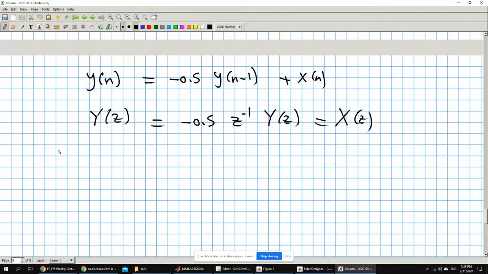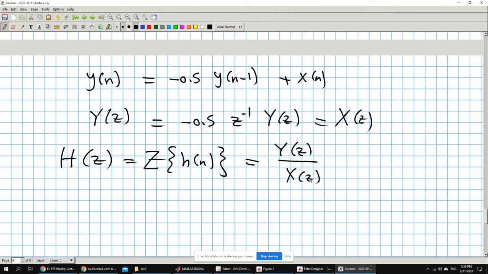The transfer function is called h of z, which is the Z transform of h of n. Just try to see what y of z over x of z looks like. In order to do that, you take that term to the other side and take y of z as a common factor.